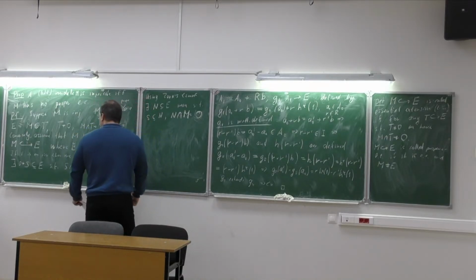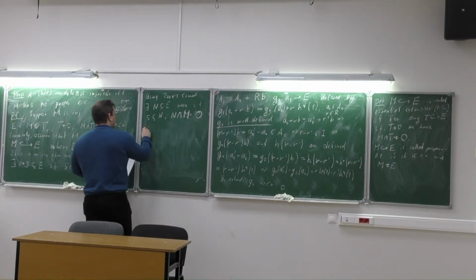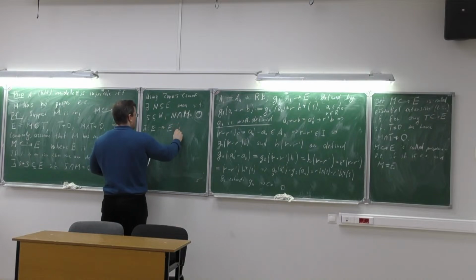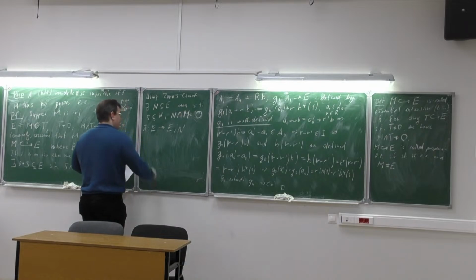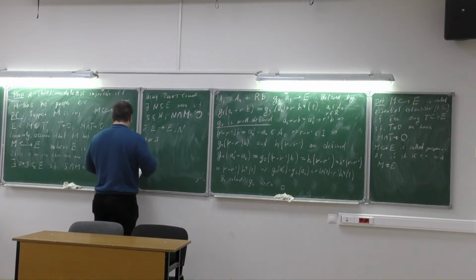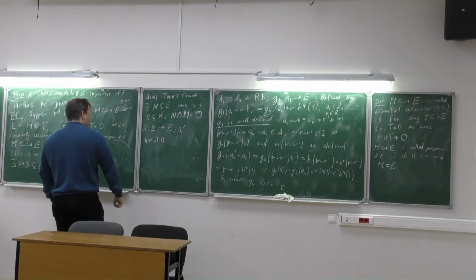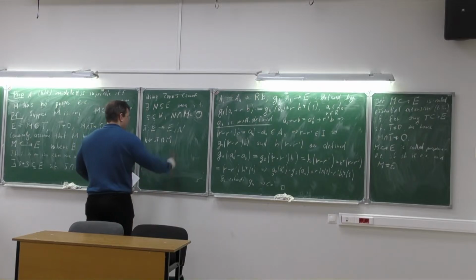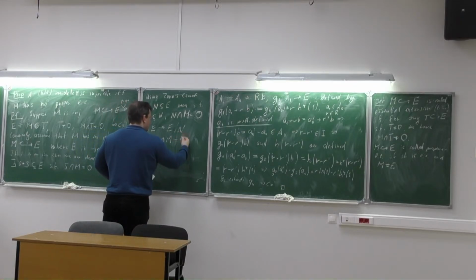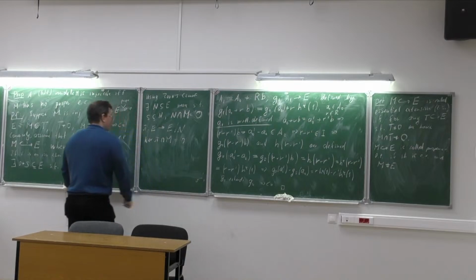So let's take a maximal module with this property and then consider the canonical projection from E to E modulo N. Okay, so then let's intersect the kernel of this canonical epimorphism with M, and this will be 0, right?